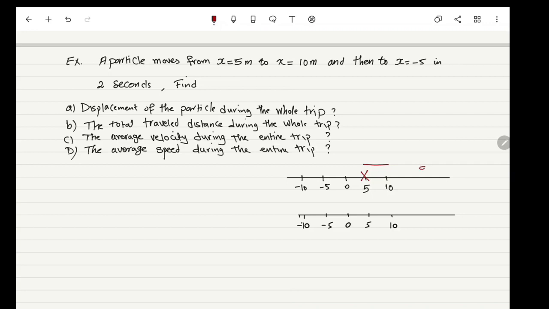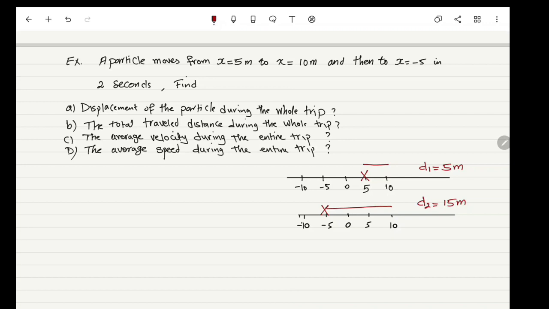So the distance d1 here equals 5 meters. Now, the particle moves back to -5, back to this one here. So the final position is actually here. So the distance here equals 15 meters. Remember, distance is a positive number.